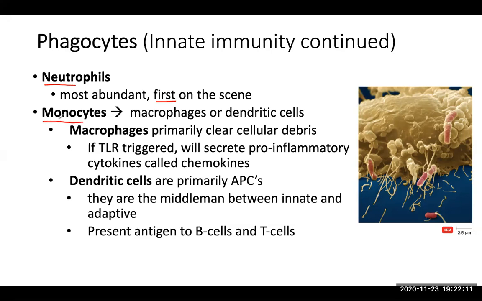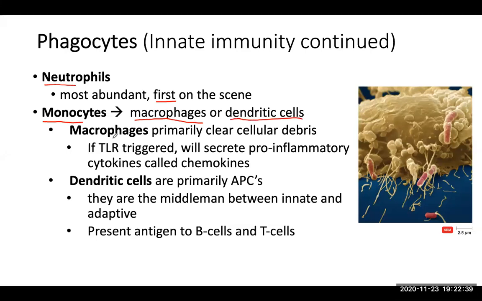Monocytes can also sometimes be the first one to encounter a pathogen because we have what we call resident monocytes that are always on the lookout in that particular tissue. And monocytes, once they come in contact with a pathogen, will either differentiate into a macrophage or a dendritic cell.